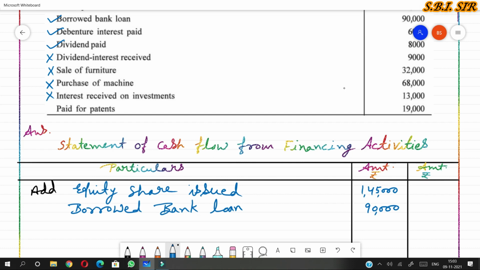Interest received on investments will not be recorded in financing activities because it is investing activities. Paid for patents will not be recorded here because it is also an investing activity.